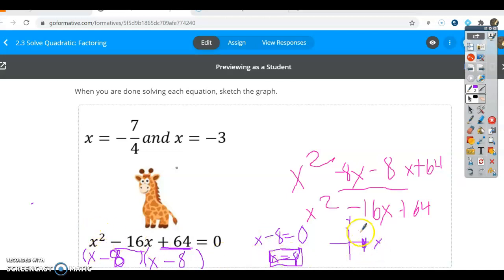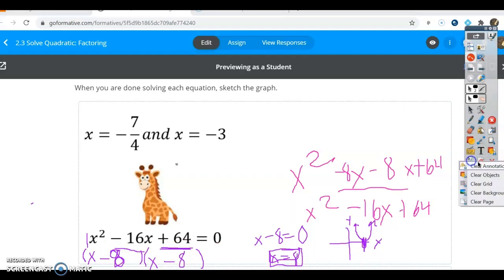And it's going to open up because the number in front of x squared is positive, and it only touches the x-axis one time, so this is the only way that my graph could touch the x-axis just one time right here. Okay? And now we're going to find which other puzzle piece has x equals 8 at the top.